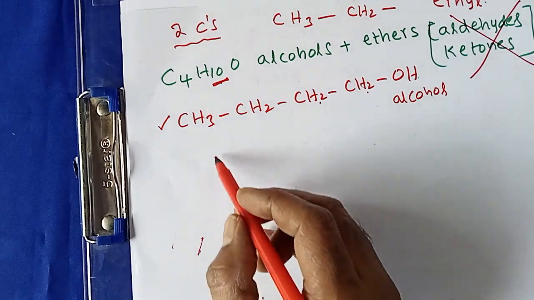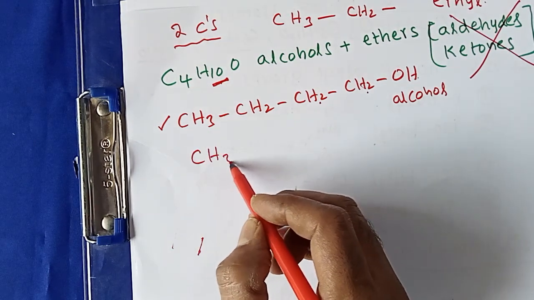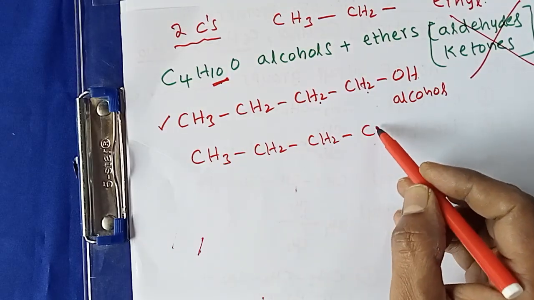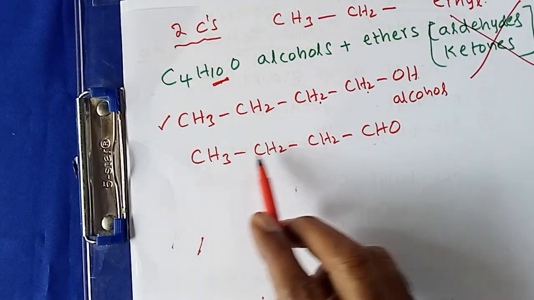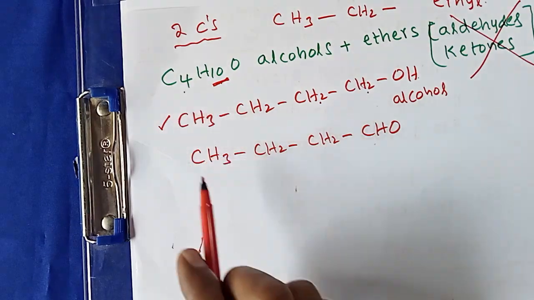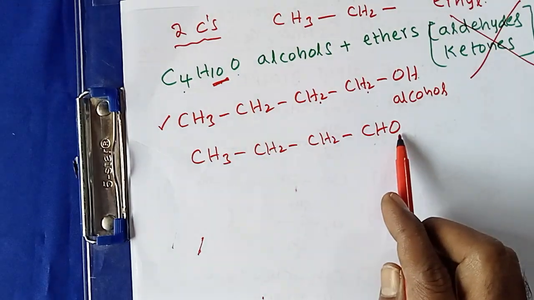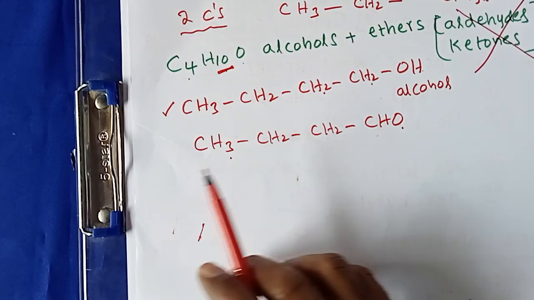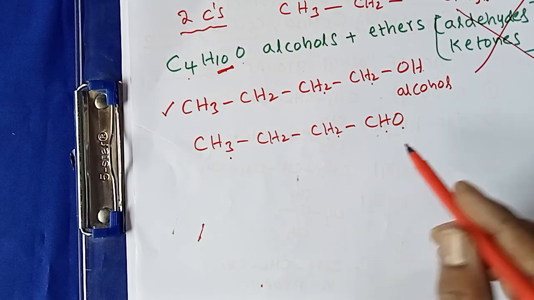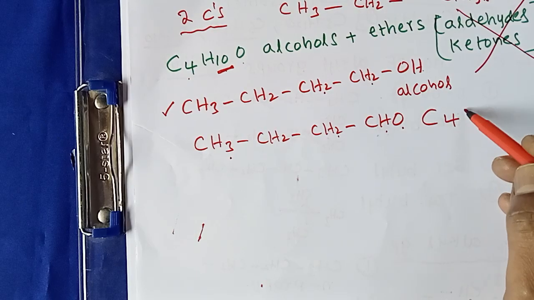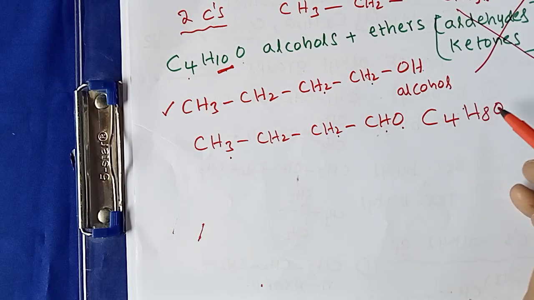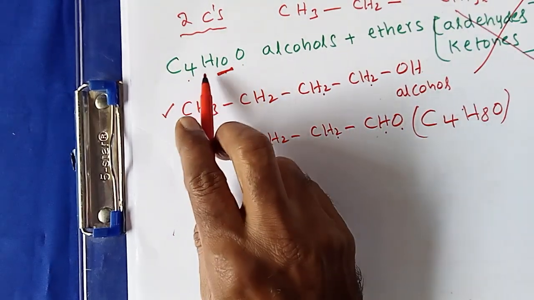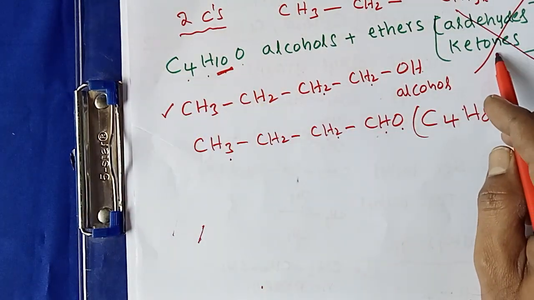If you want an aldehyde, you write down a 4 carbon aldehyde: CH3, CH2, CH2, CHO. 4 carbons, 1 oxygen. Hydrogens are important here also. 3 plus 2, 5 plus 2, 7 plus 1, 8 only. So what is this molecular formula? C4H8O. So formula not satisfied. That's why for this formula, aldehydes are not possible.